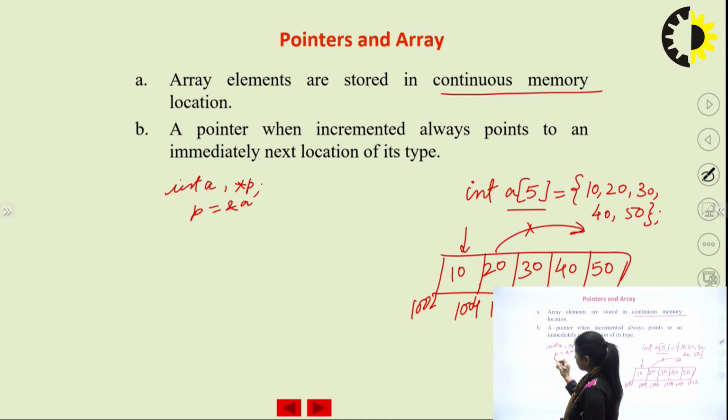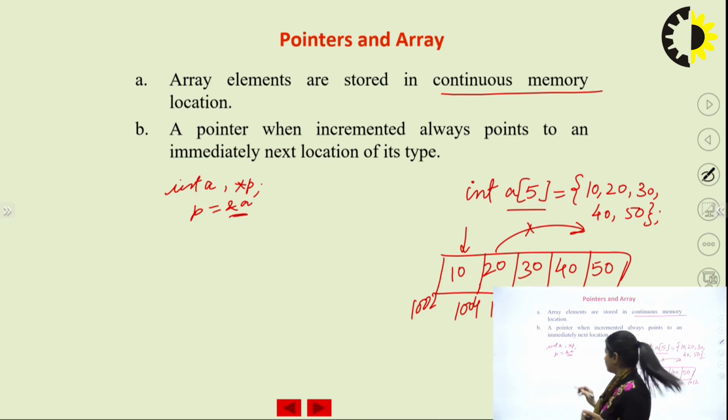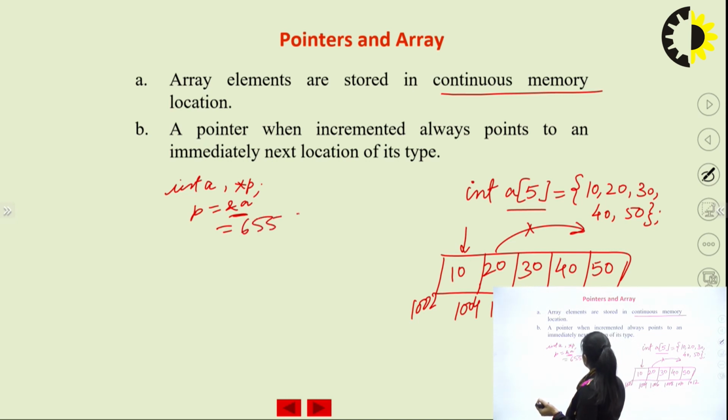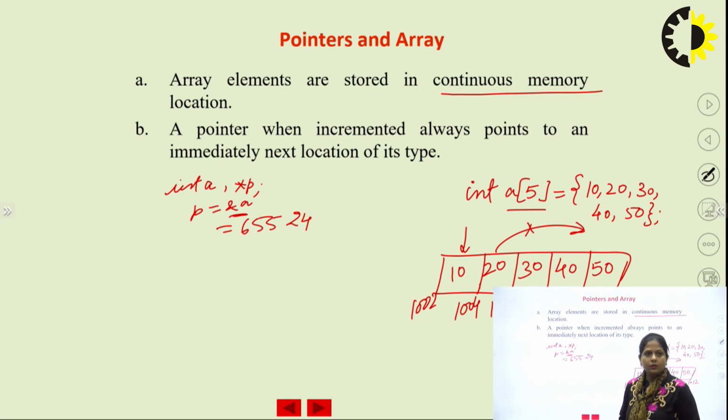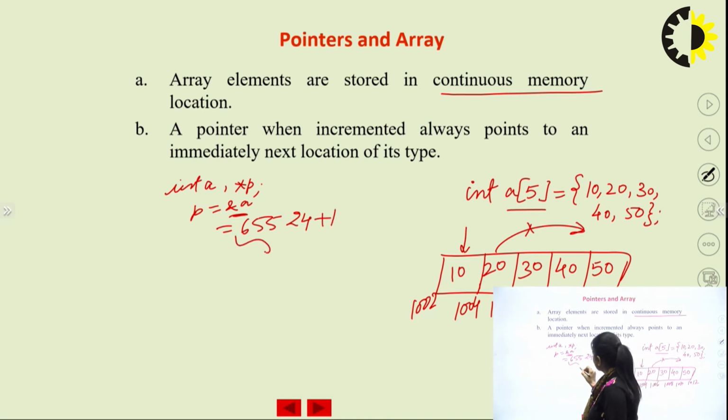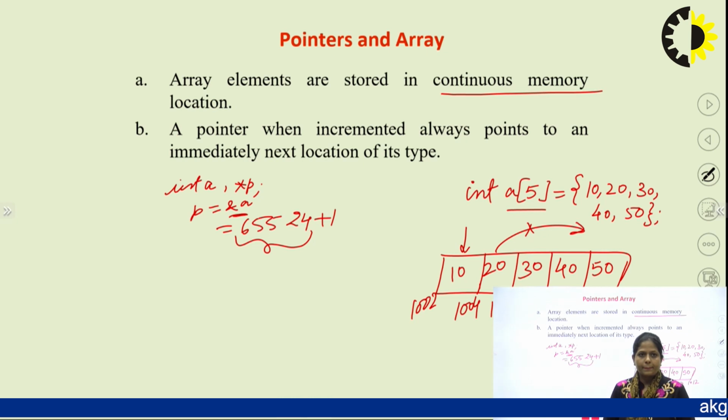When I increment the pointer variable, which holds the address of a variable, by 1, if it is of type integer, it takes 2 bytes, so the address is incremented by 2.